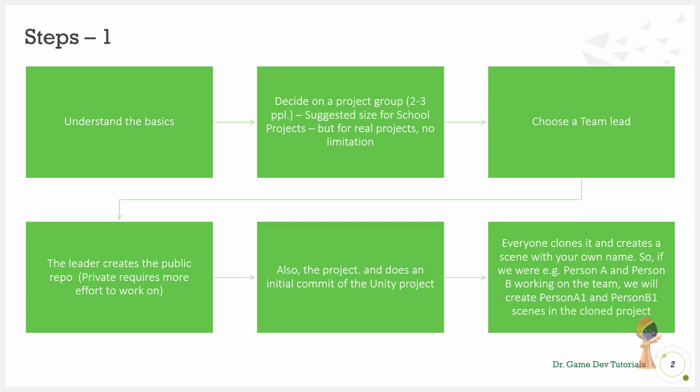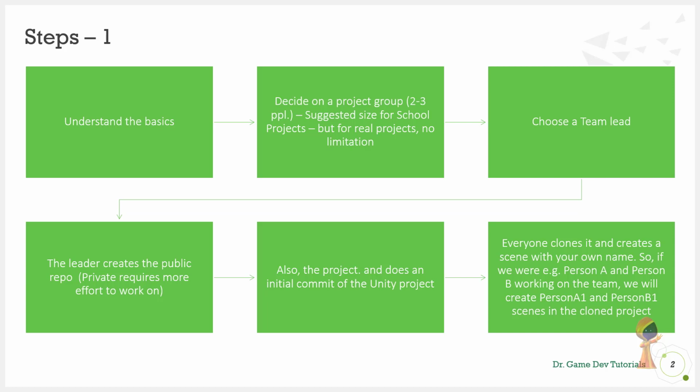So for a regular project, by regular project I mean if there's no proprietary stuff in it, then what you can do is make it a public repo, especially for students working in a school or university. You can just use a public repo. And next, the team lead.